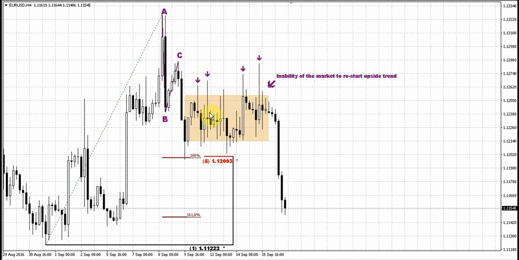That was the market challenging to continue the bull trend, and all these attempts have failed. So it means that here the market has met a very strong sell-off that has prevented the upward continuation. You can see how many attempts have been made here, and all of them have failed. This is, in fact, as I've written here, the inability of the market to restart the upward trend.